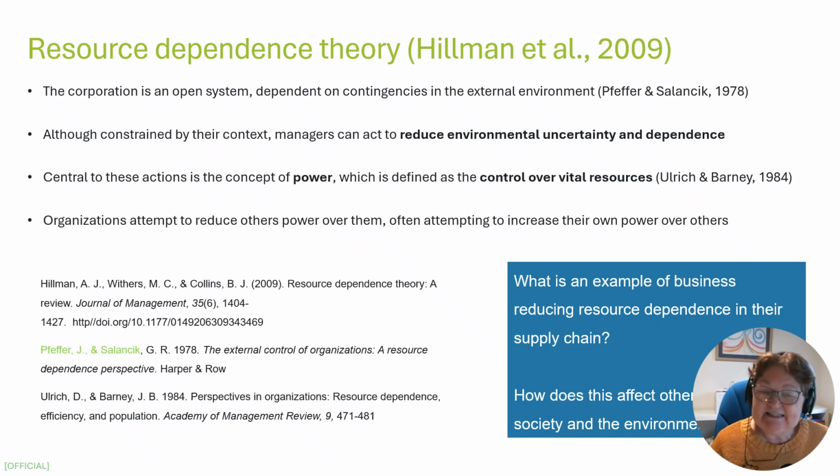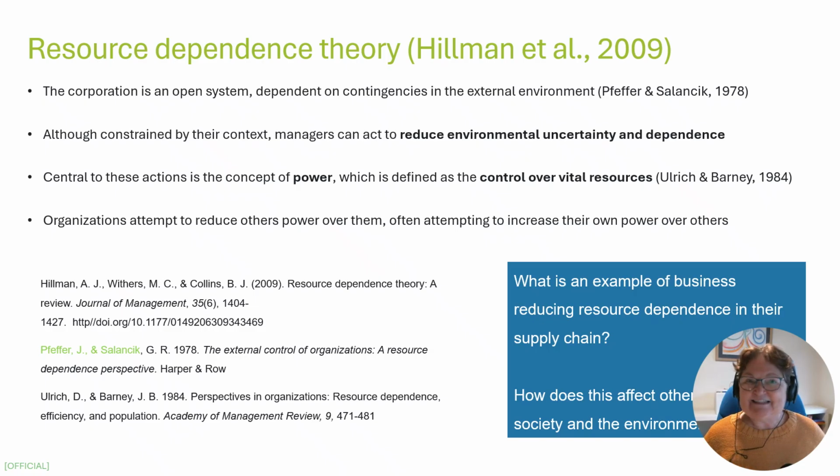Anyway, what the theory says is that a corporation is in an open system. It depends on its environment. And although constrained by your environment, managers can act to reduce environmental uncertainty and environmental dependence, or dependence on other entities in the environment.